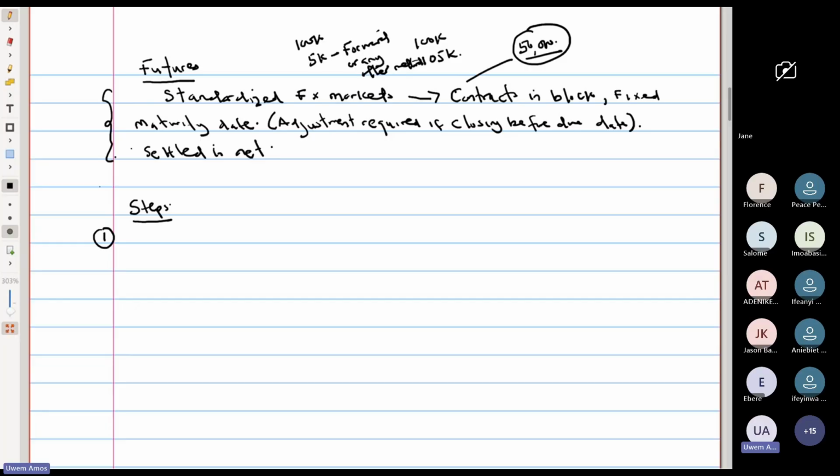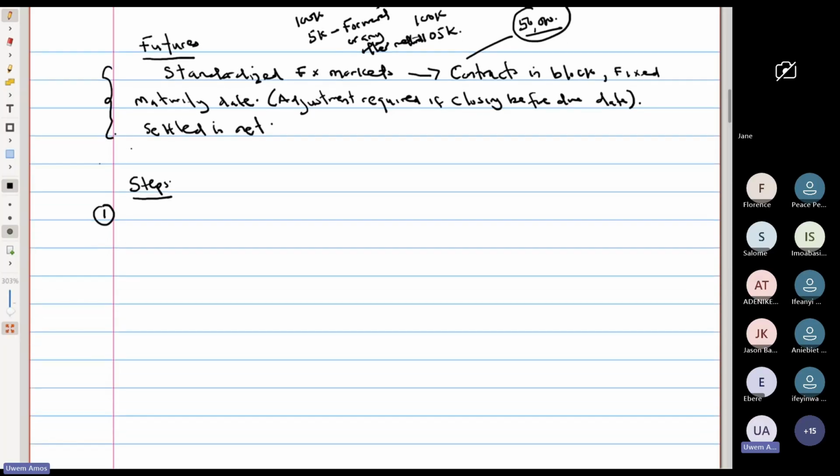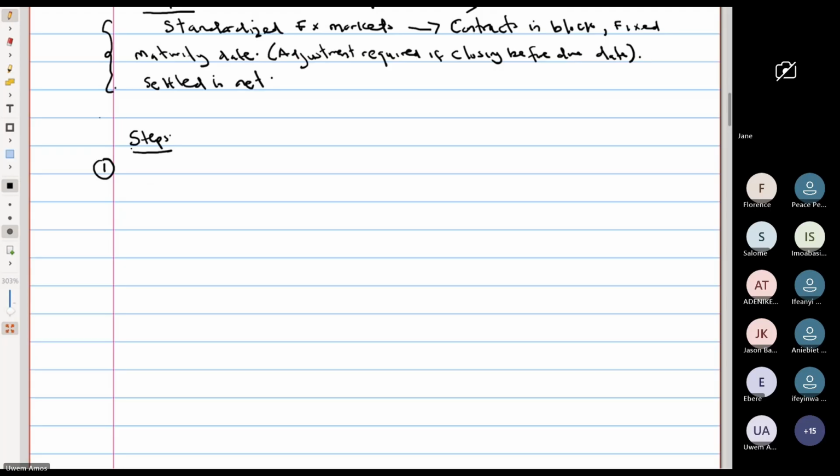What amount are you interested in hedging or protecting yourself against adverse movement? So net amount, if applicable, just like we had in forward. If you have a payment and receipt, you need to first begin by netting it off.